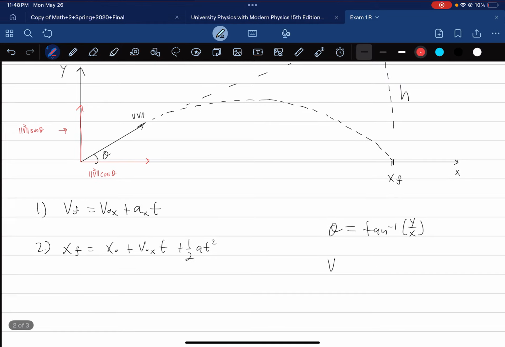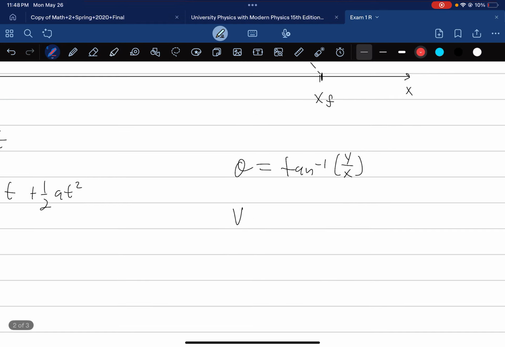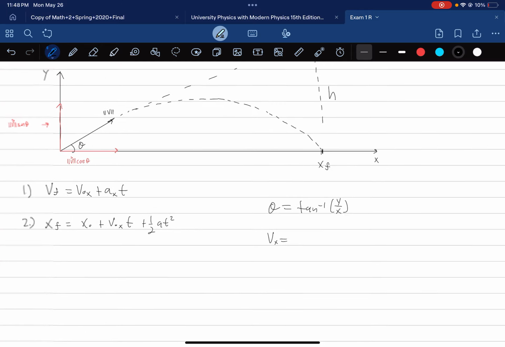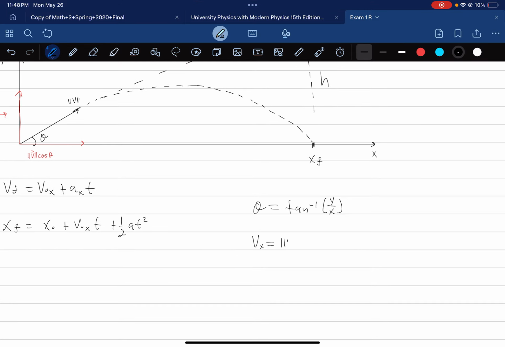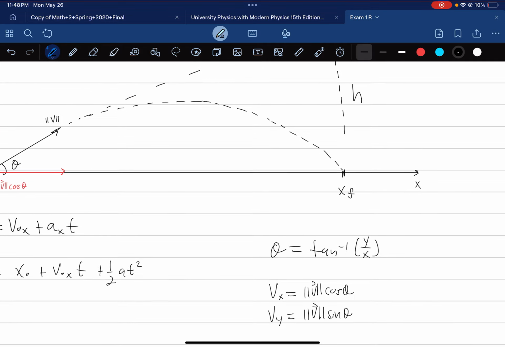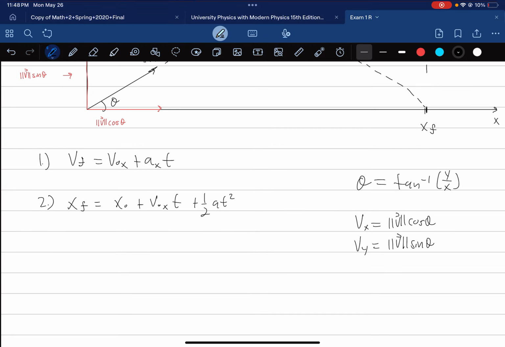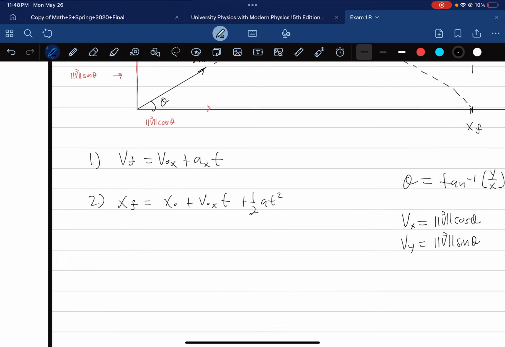Now all we have to do is, obviously, I just like to write down everything we know. So we know the velocity in the x direction is just the cosine, and then the y direction, same thing, just sine theta. Obviously just using trig.